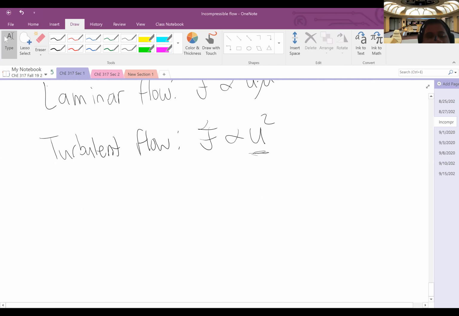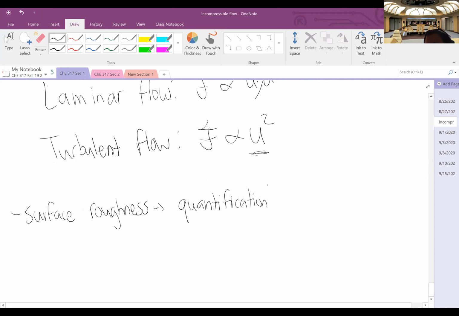The other important parameter that we must consider is our surface roughness, which is a quantification of anticipated shear which would occur at our solid fluid interface.